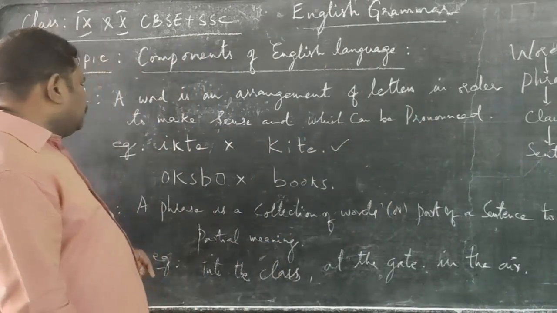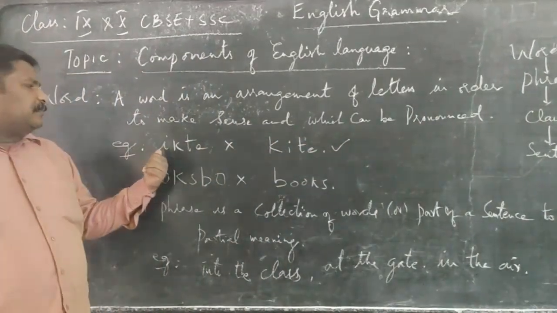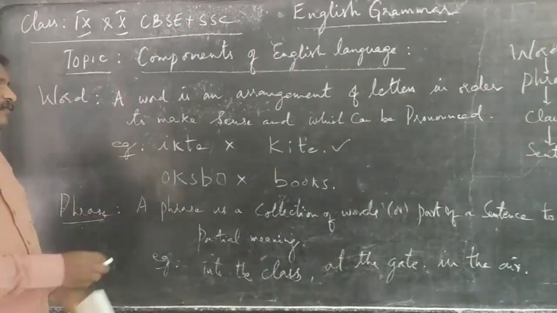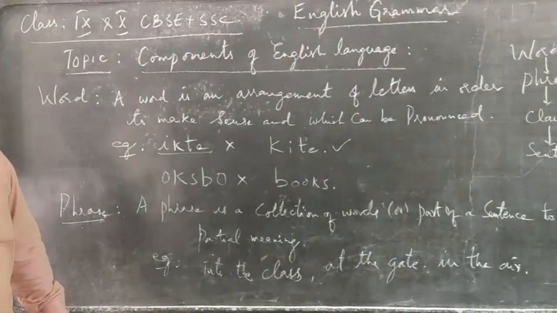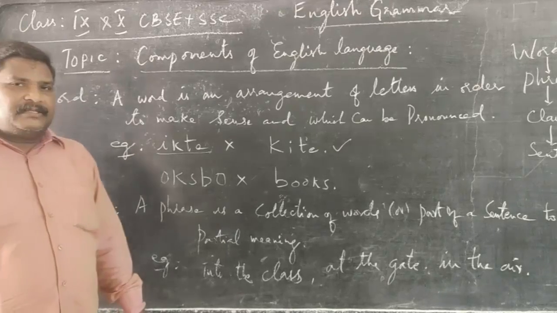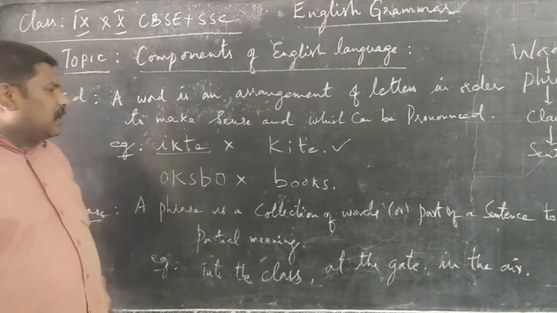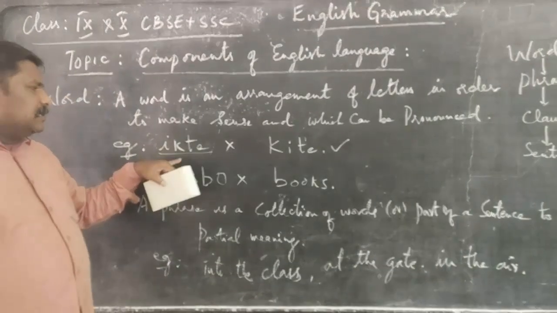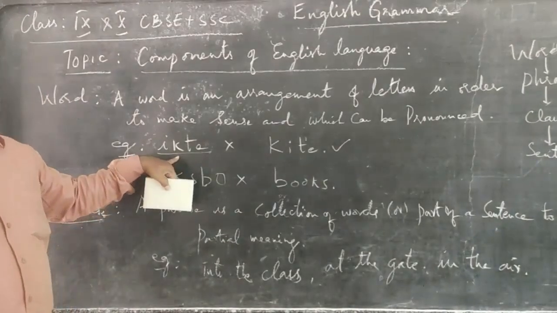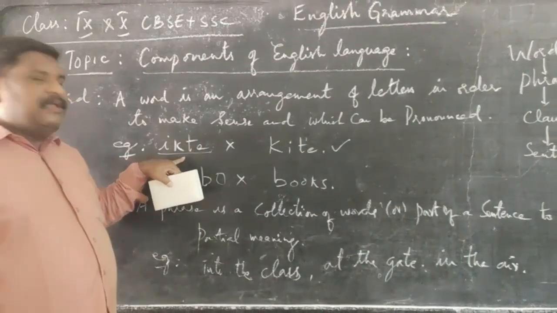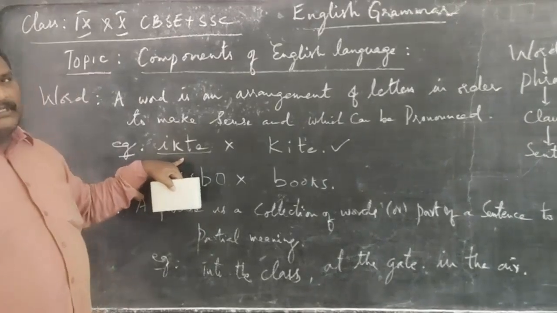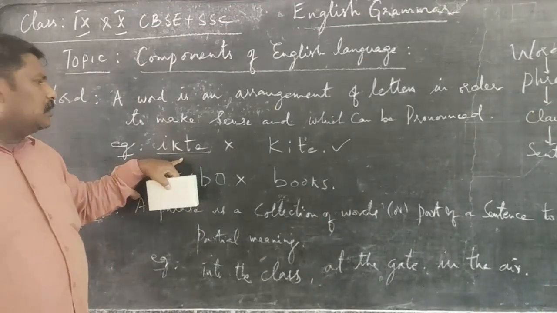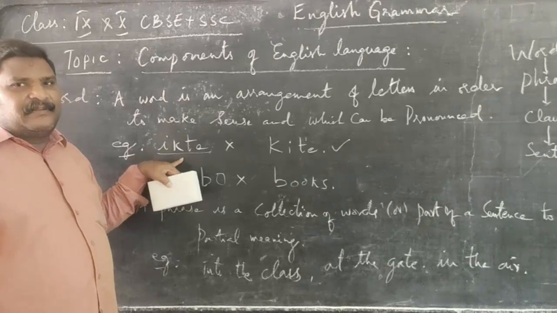For example, look at the word which I have written earlier here. It is a collection of 4 letters, I, K, T and E. But this doesn't go with any meaning, and it can't be pronounced properly. We cannot utter this word, nor does it make any sense.